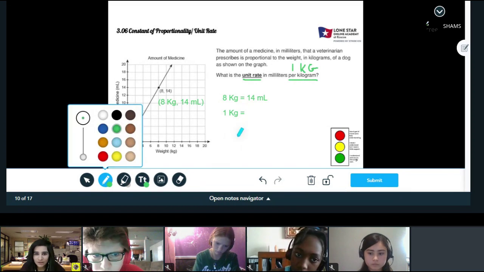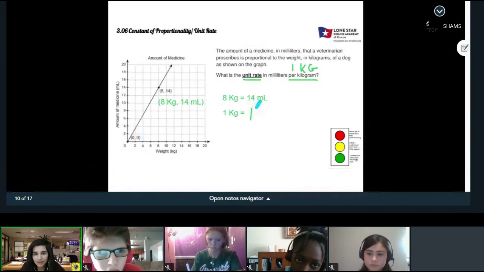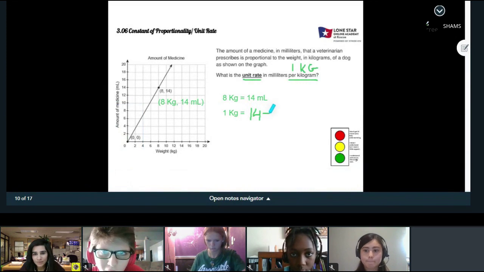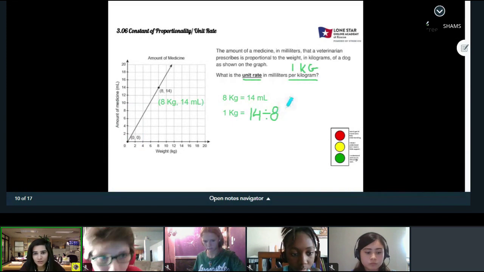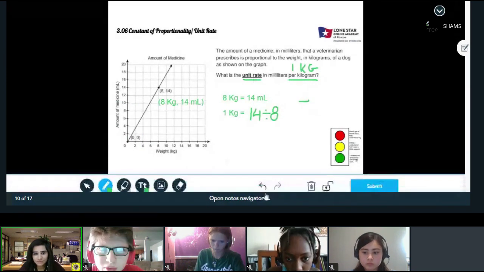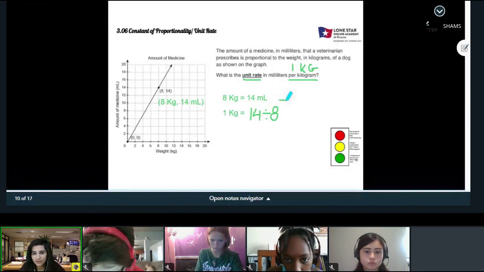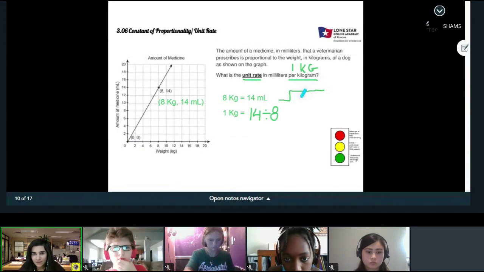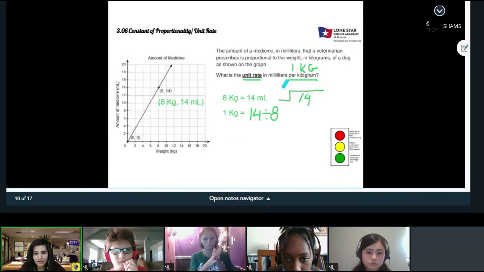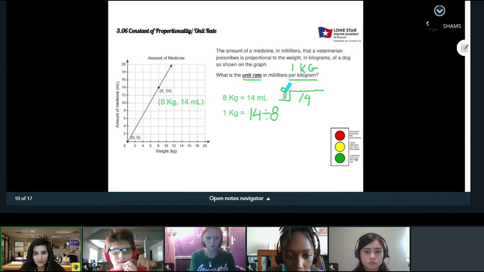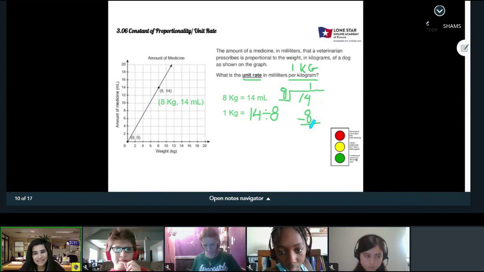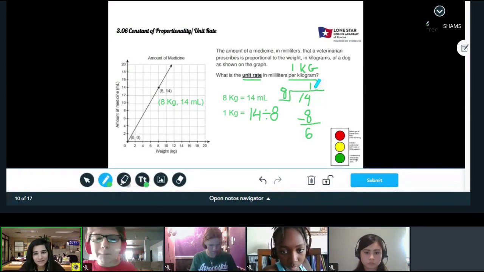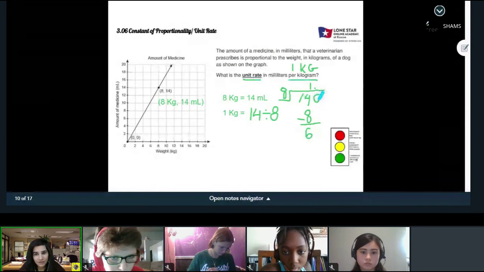To find for 1, I am dividing 14 by 8. And that will tell me for each kilogram. Let's look at the division part. Let's see if I can do it this side, so we have some room. I know only 1 eight can go into 14, with a remainder of 6. I will add a decimal. It will allow me to add as many zeros as I need.